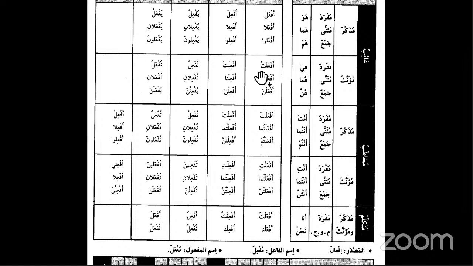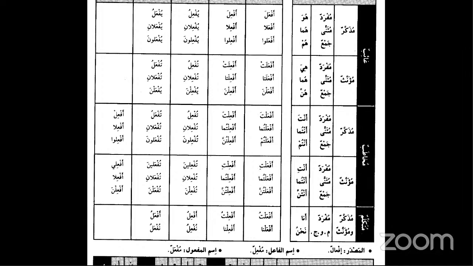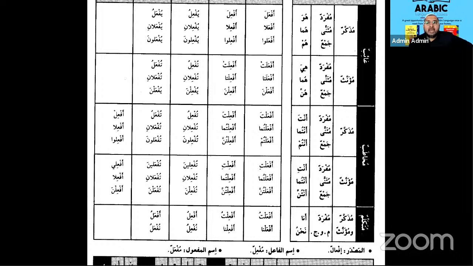Right. Sister Akila, are you there? Yes, Sheikh. Can you do af'ala as well for me, please? So basically, af'ala means he made someone do something. Fa'ala, the three-letter verb, means he did. Af'ala means that he made someone do something. Okay.